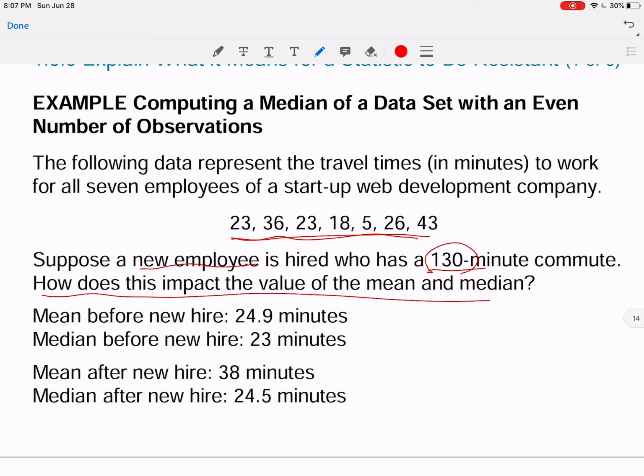Now, let's take a look at how this extremely large number affects the median and the mean, before and after. First, let's take a look at the mean and median before the new hire.